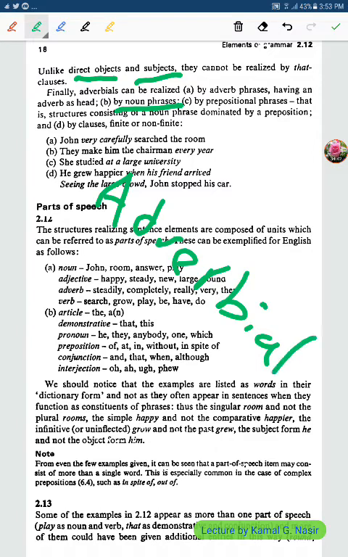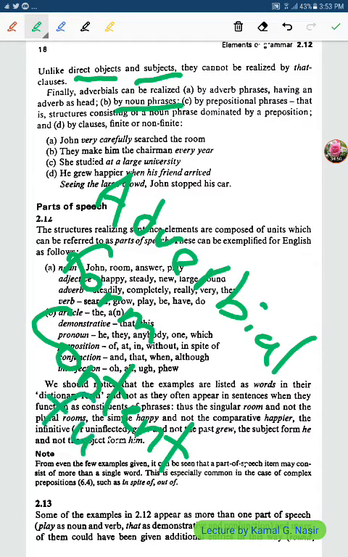Listen well. There is what we call form, and there is what we call content or function. For every word in grammar there is a form and there is a function.